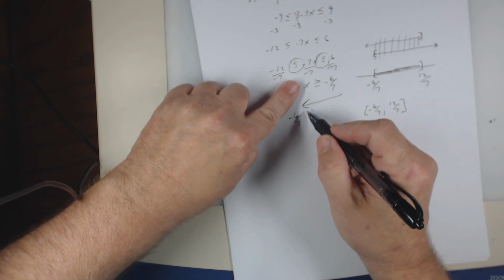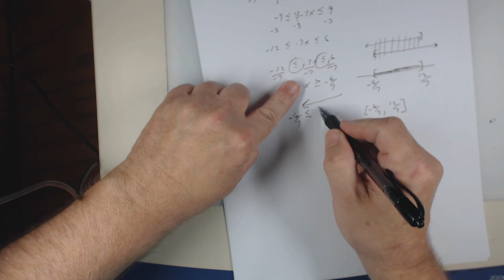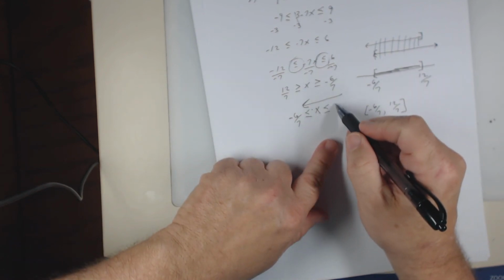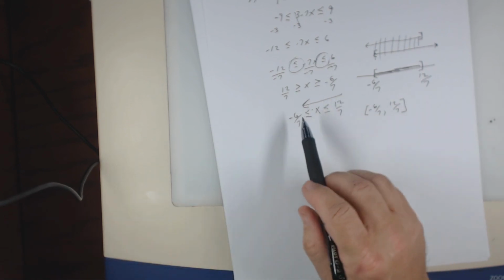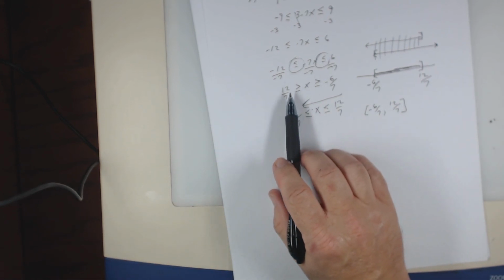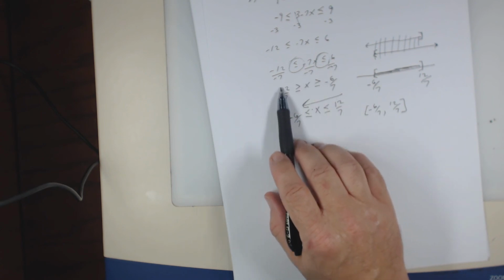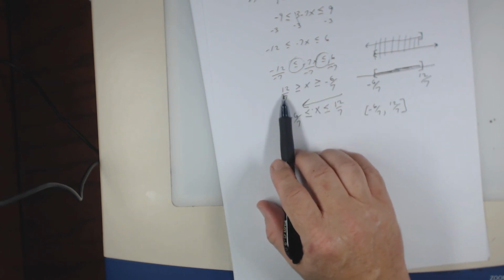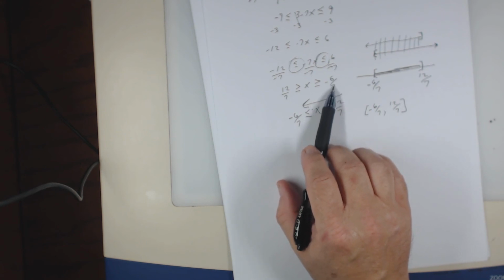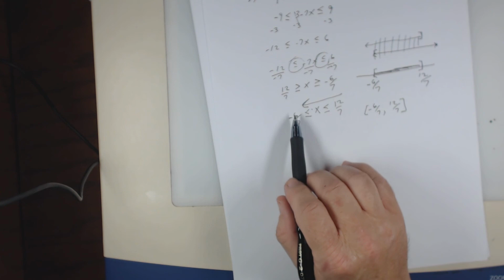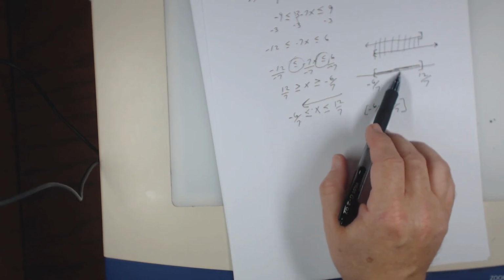So negative 6/7 is less than or equal to X, and at the same time, it's also less than or equal to what? 12/7. People get confused with this, where the larger one is listed first and the smallest one is listed last on the other side. Just rewrite it backwards. So when you write it backwards, this is this right here.